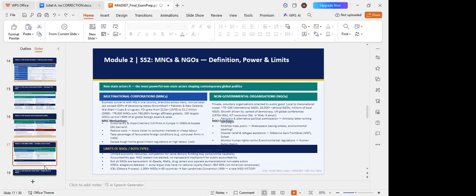Like Amnesty International, most times they intervene in policy matters and in human rights matters. That is about the role of non-governmental organizations. And the question they asked says non-governmental organizations are important actors in world politics. You just need to find a way to define the roles.